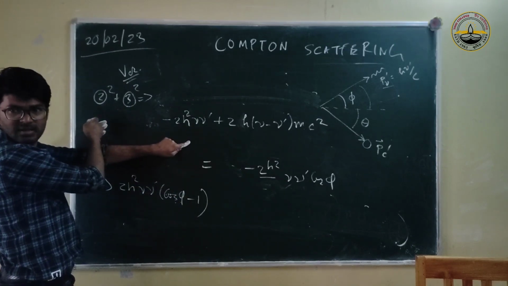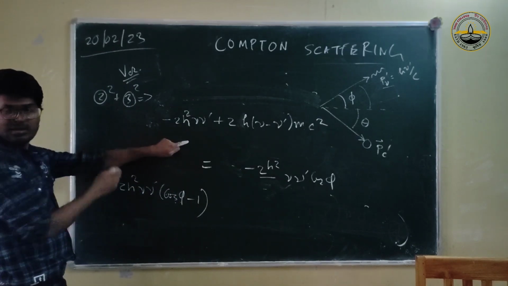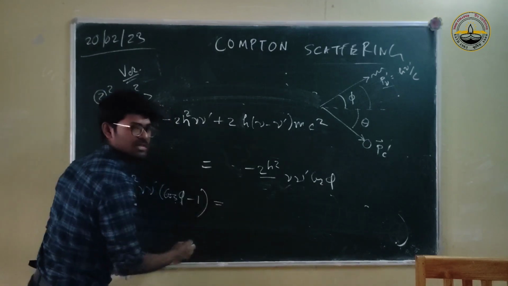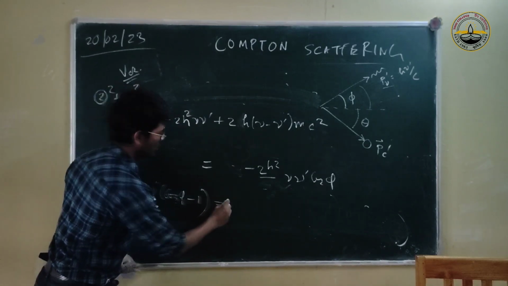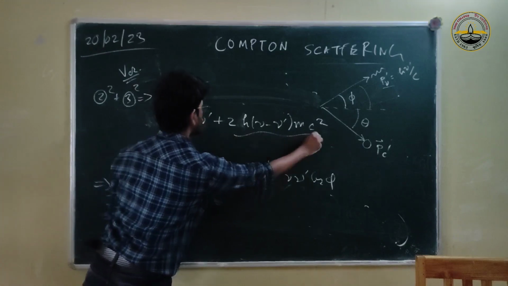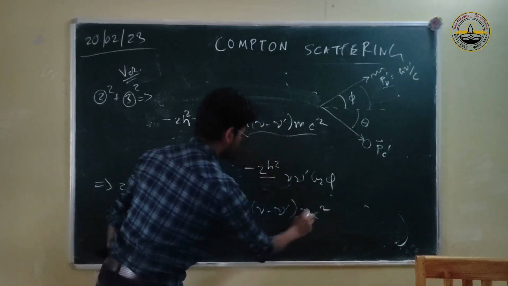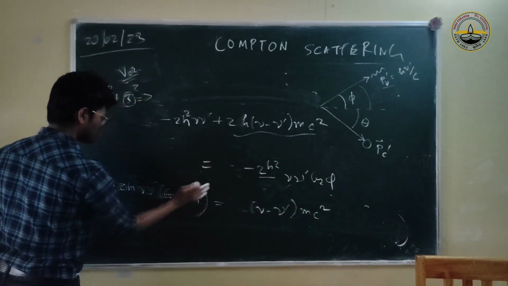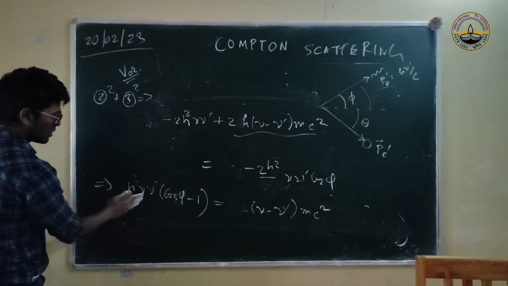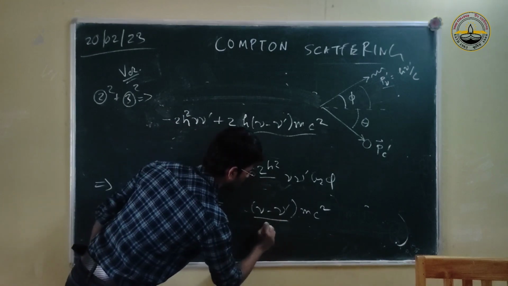Is it clear? Do it yourself at home. It's a simple exercise, really. Equal to this thing, 2h nu minus nu prime mc square. So h will be gone, 2 will be gone, nu prime, let's put it here.